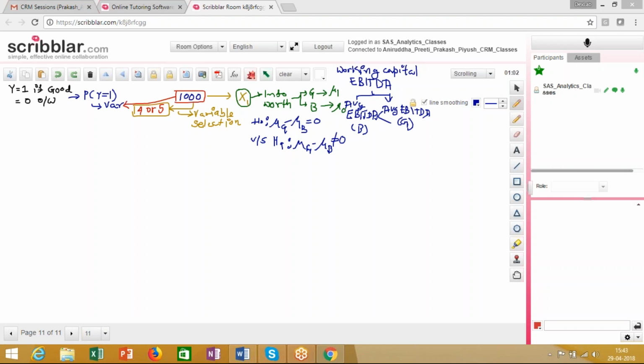So if I have created two segments, then either segment A is more risky than segment B, or segment B is more risky than segment A. But they cannot be of similar riskiness. If they have similar riskiness, then they need to be put into one single segment, right?